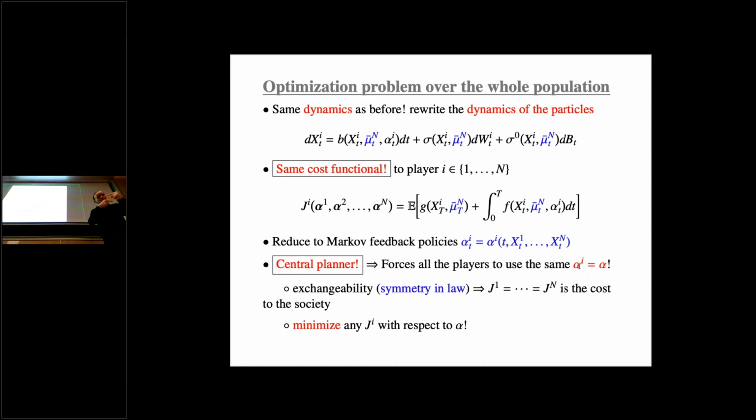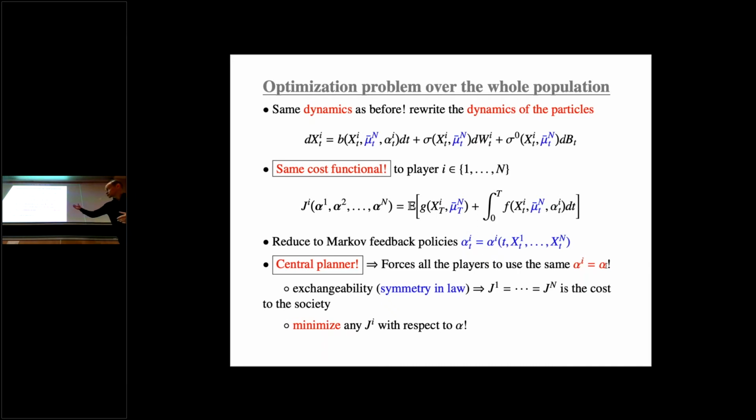So now the particle system becomes a standard particle system in mean field models, except for the fact that alpha is a policy, alpha is a control. And what you want to do is to optimize the global cost, which is in fact the cost to any of the players in the population, because they are completely identical on the statistical level.